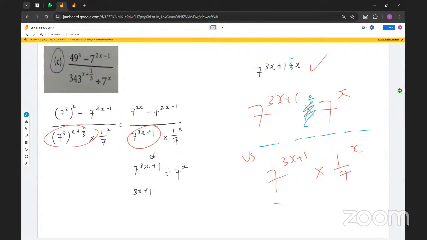Now, there is another way. Some people do not like the division so much, so they decide to stick with times. But they found a way to make it work. They found a way to make it base 7. The power is minus x. It is true that this is equal to that. It is true that all these 3 are equal.